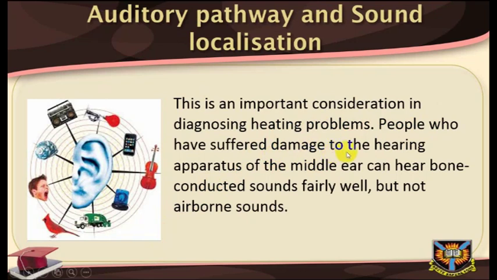People who have suffered damage to the hearing apparatus of the middle ear can hear bone-conducted sounds fairly well, but not air-borne sounds. People with damage to the auditory nerve, nerve deafness, have difficulty hearing either type of sound.